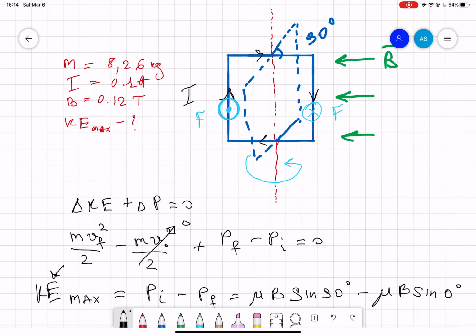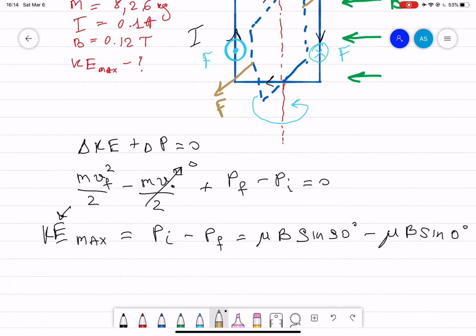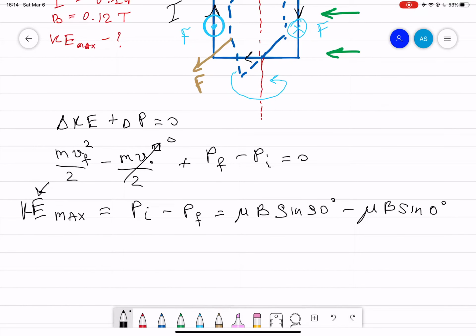Why it will stop is because when it makes 0 degrees, the force acting on the loop basically will be pointing in this direction. If I'm correct, that one will be pointing in that direction. That means it will not move, so it will just rotate only 90 degrees and it will stop. We know that sine 0 degrees gives you 0, so I will make it 0.